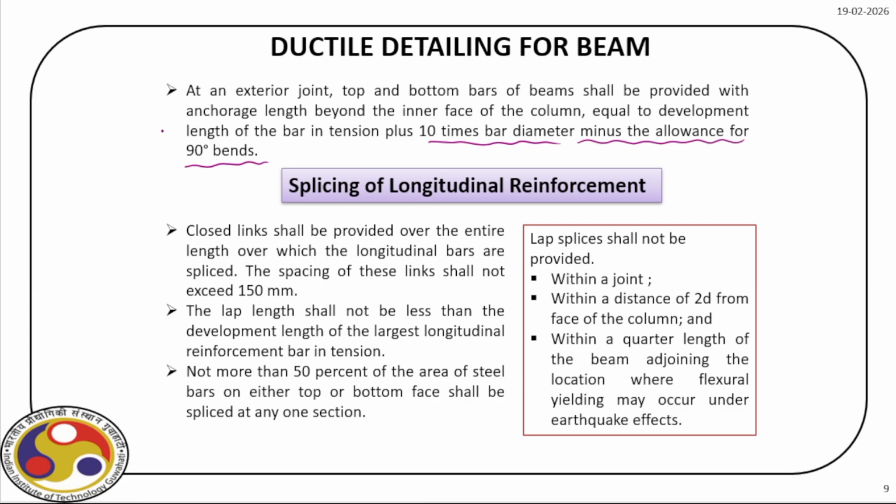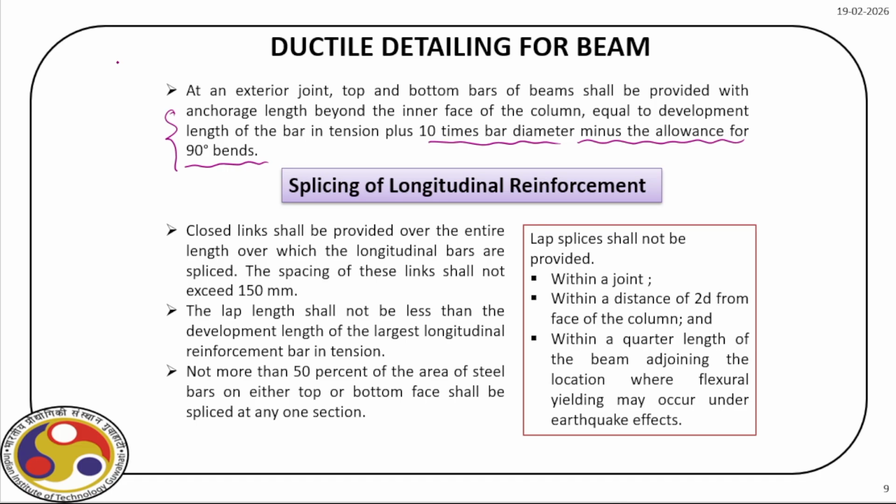During the discussion on development length, we saw how these development lengths are evaluated, what the impacts of hooks of different angles are, and accordingly how to design it. This clause is extremely important. We should have sufficient development length at the junction of beam and column.